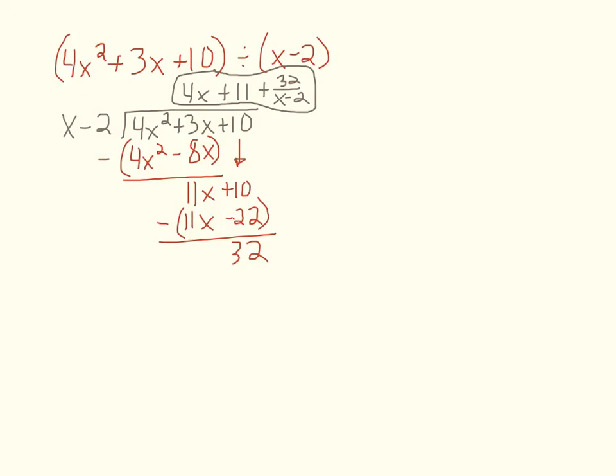Now, a few reminders when you're doing polynomial long division. The first thing you have to make sure is that whatever you're dividing or using to divide is in standard form, meaning that it has the exponents in descending order.